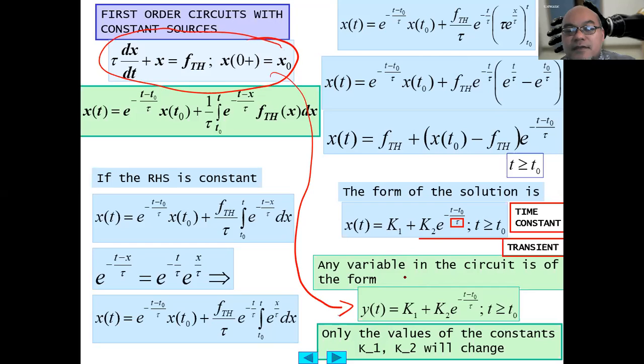The solution will be this one, where k1 equals f_th, and k2 equals the initial value minus k1, or f_th.